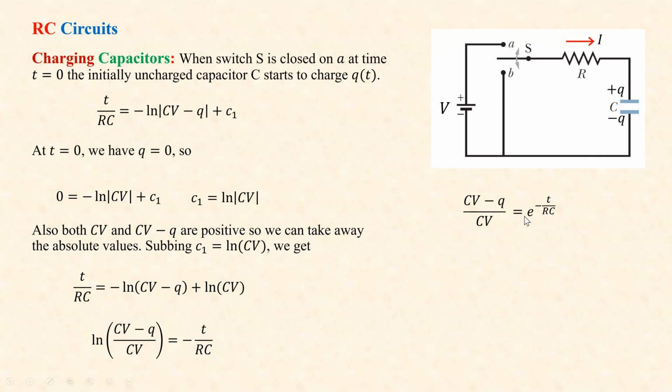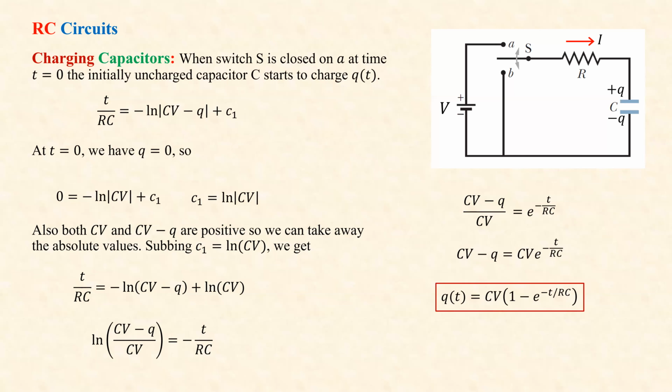We multiply by CV, we get CV minus Q equal to CV e to the negative T over RC. And then we solve for Q, which becomes CV minus CV e to the negative T over RC. And then we can factor the CV, so it becomes CV times 1 minus e to the negative T over RC.